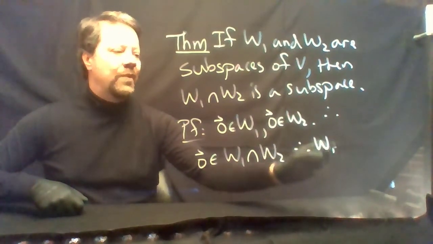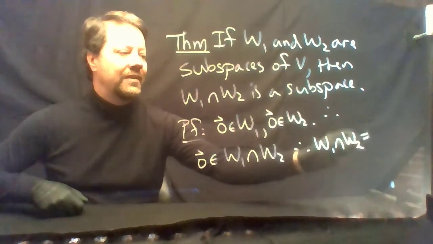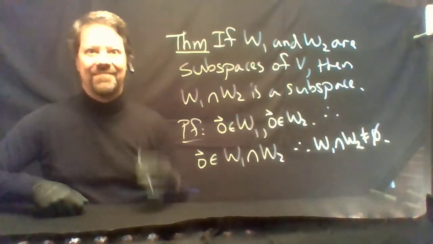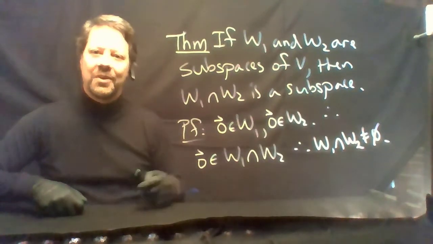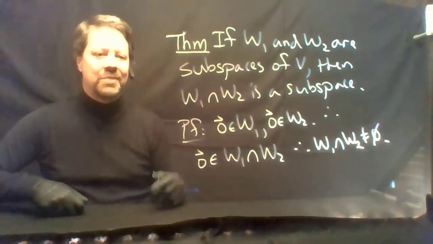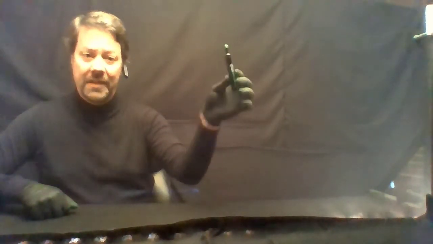Therefore, W1 intersect W2 is not empty. That zero check is always a good one when you're trying to prove that something about these vector spaces is non-empty. Now, we need to show closure under vector addition and scalar multiplication.